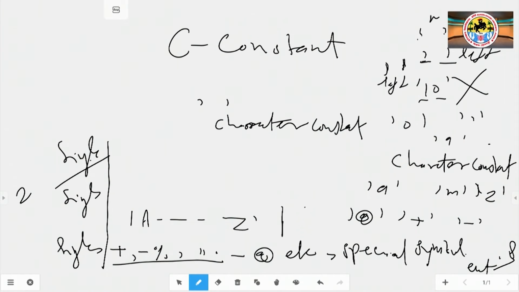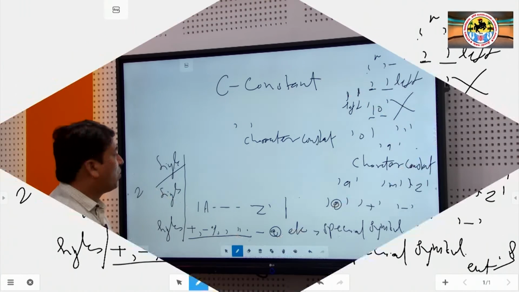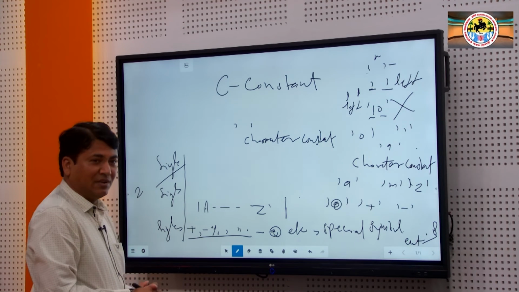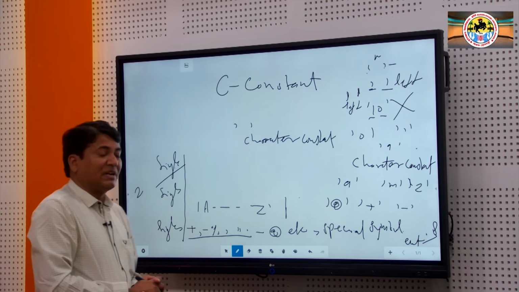So the definition of the character constant is that any single digit, single alphabet or single special symbol, if we include it in single inverted commas with the tails to the left, becomes known as a character constant.